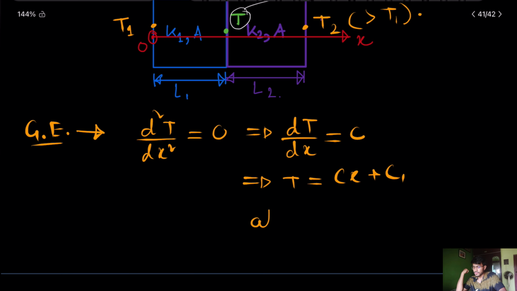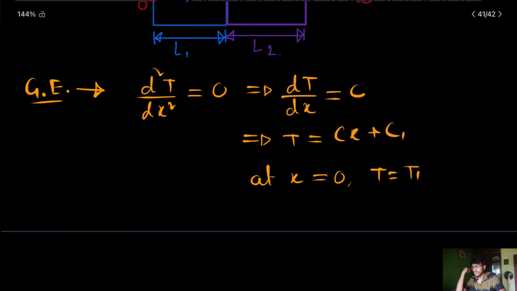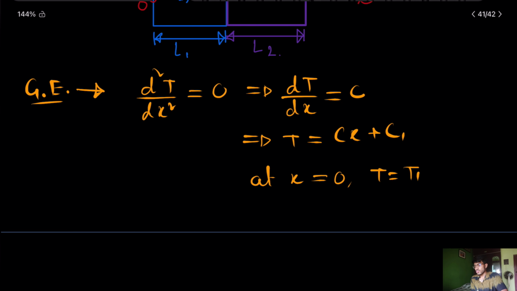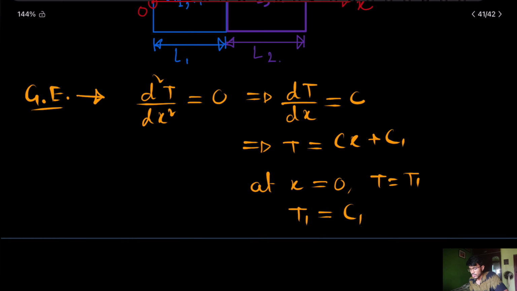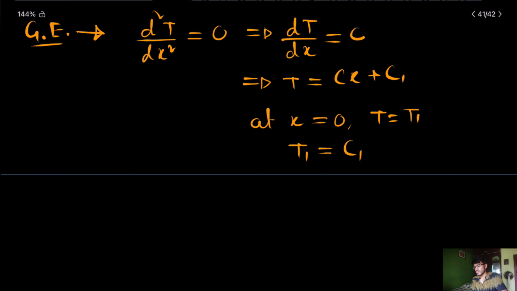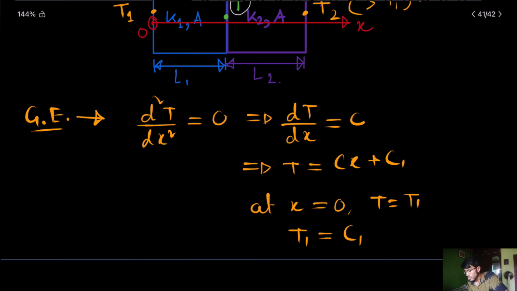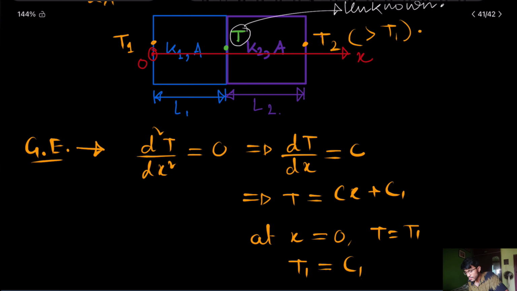Now at x equal to 0, my T is equal to T1. So that means I can write T1 is equal to C1, correct?